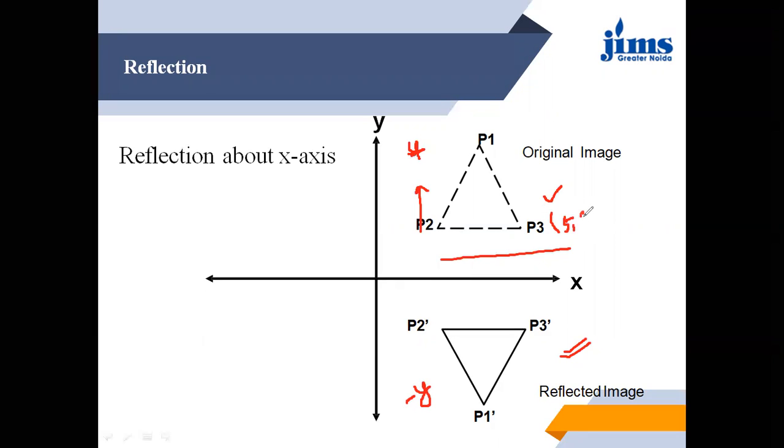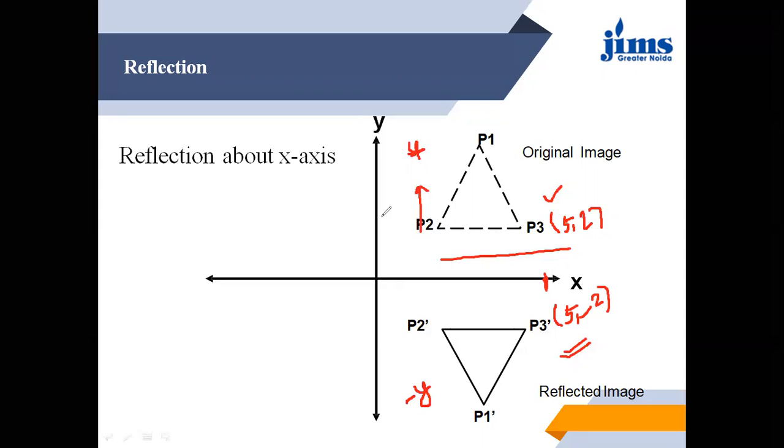Now the x value will be positive, that is 5, and the y coordinate will be -2. So in the reflection with respect to the x-axis, the value of y is going to be changed from positive to negative.